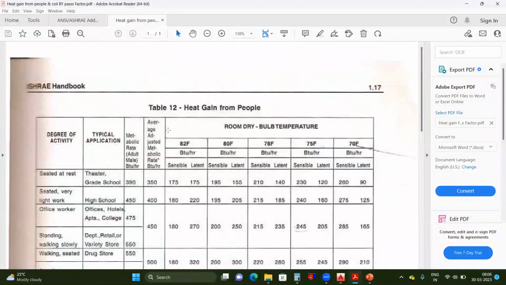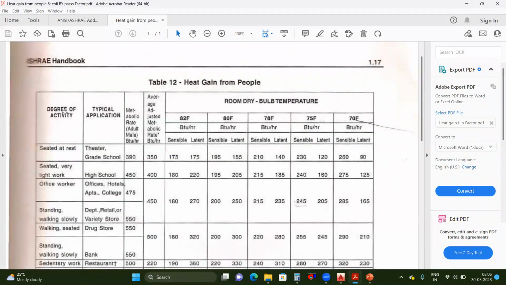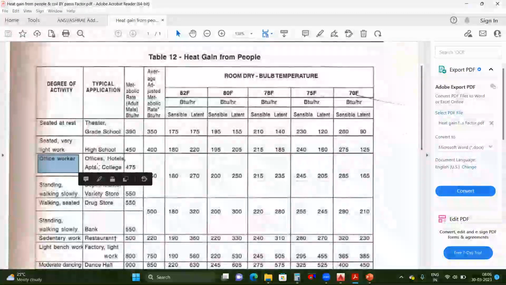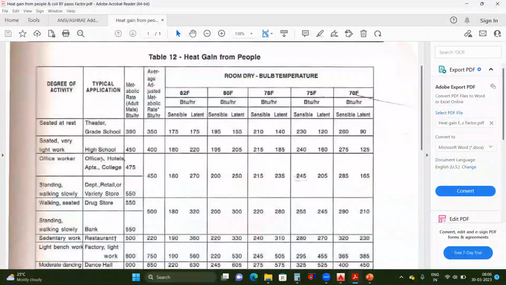Degree of activity is office work, so they are doing office work and we can select this. The application is offices, hotels, apartments, colleges; for any of these we can select this value. Here we have more values, 1, 2, 3, 4, 5, so we need to select based on the room dry bulb temperature.